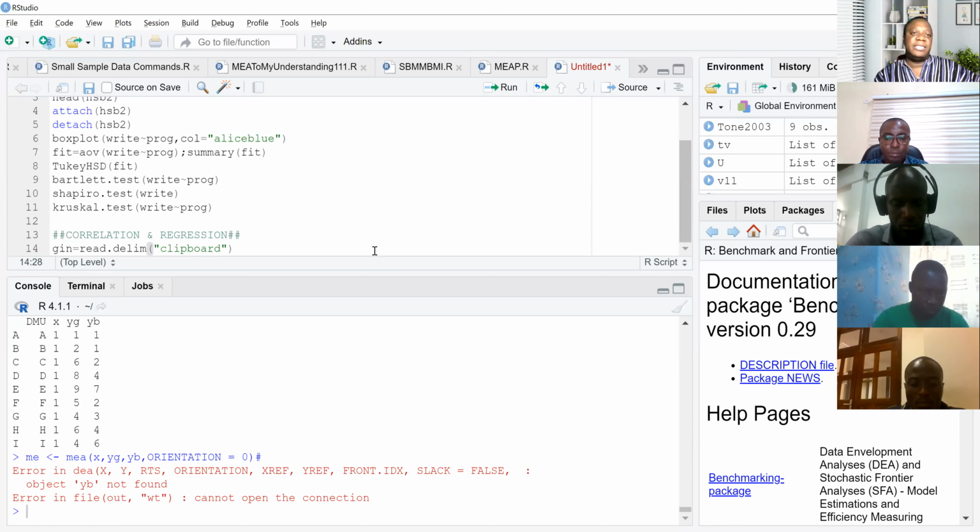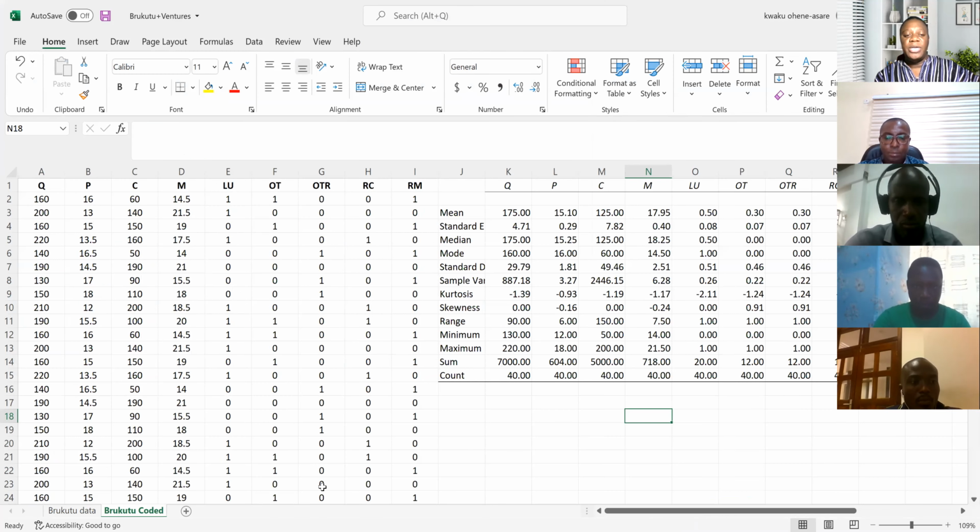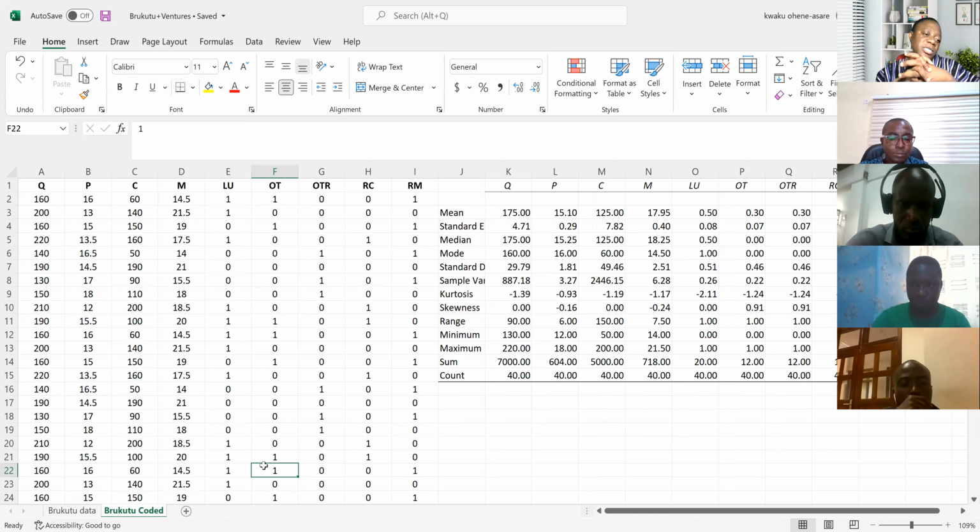Once you've done that, you go back to your Excel. This time, you are not going to use the coded data. Look at the sheet. You are not going to use the coded sheet. There's another sheet called what? You can tell me. Richard, what's another sheet there?